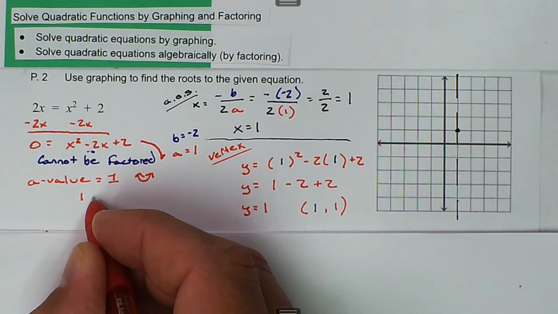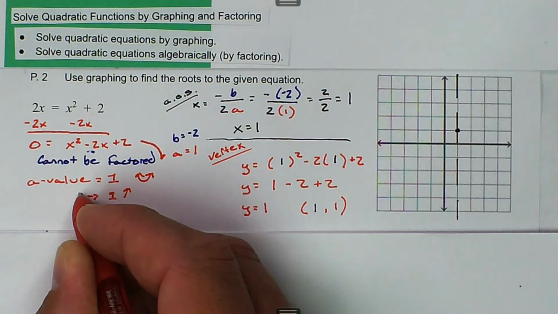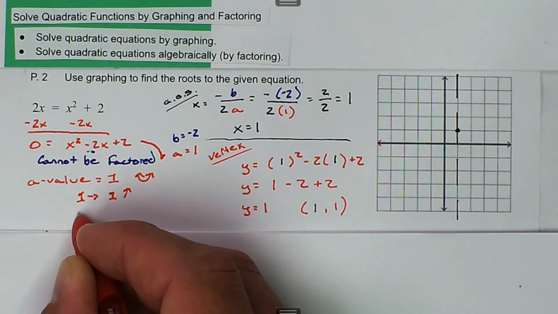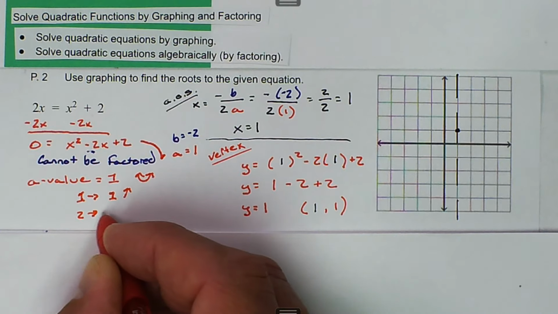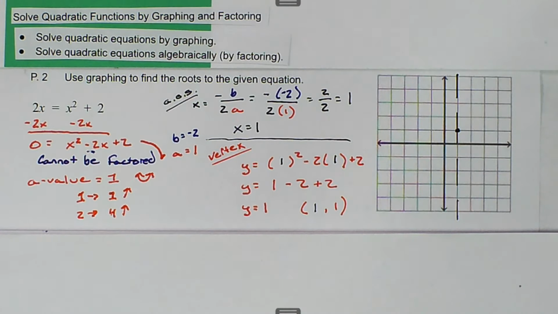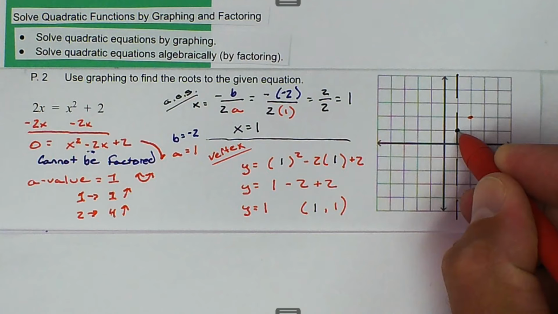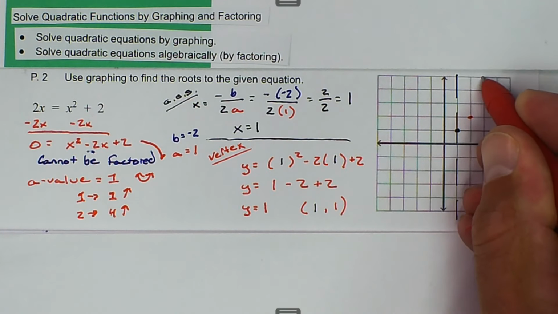So we're going to go over 1, and then we're going to go up 1, and then we're going to go to the right 2, and then we're going to go up 4. So from our vertex, we're going to go right 1, up 1, and right 2, up 4.